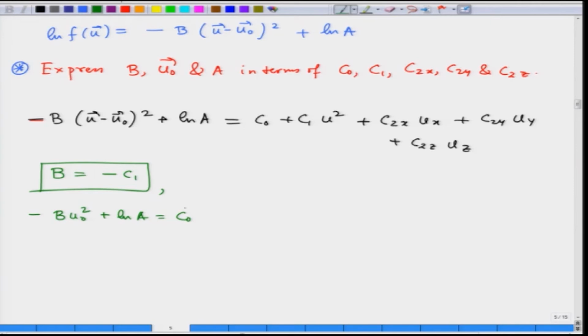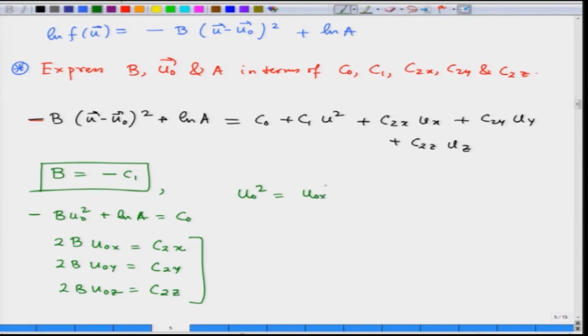But you have other conditions as well, 2b u0x is equal to C2x, 2b u0y is equal to C2y and 2b u0z is equal to C2z. If you combine all, you can simply say that my u0 square is nothing but u0x square plus u0y square plus u0z square.